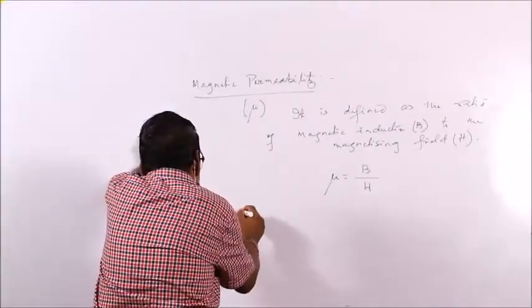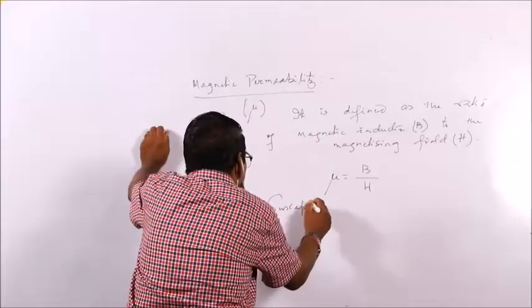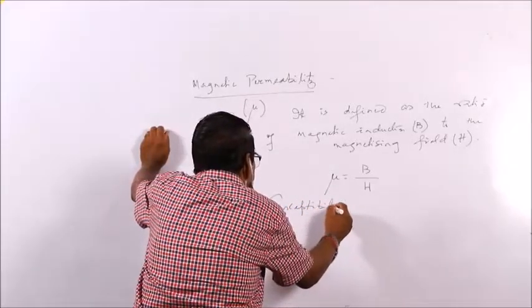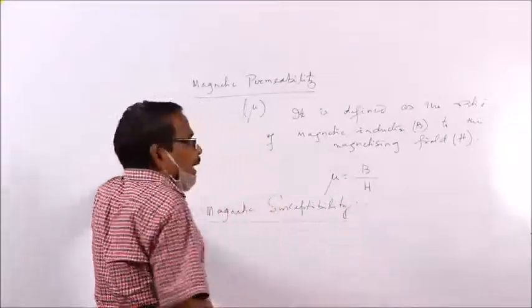Next is magnetic susceptibility. The next definition is very important. Magnetic susceptibility is how far a substance is susceptible to a magnetic field.